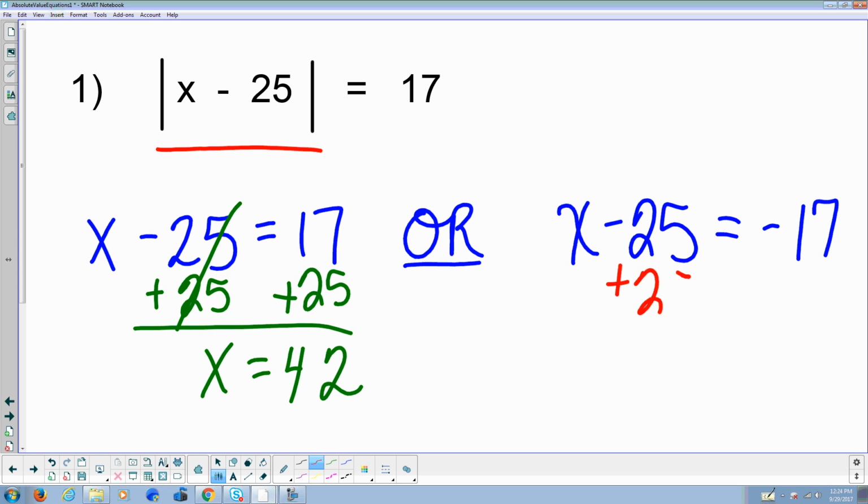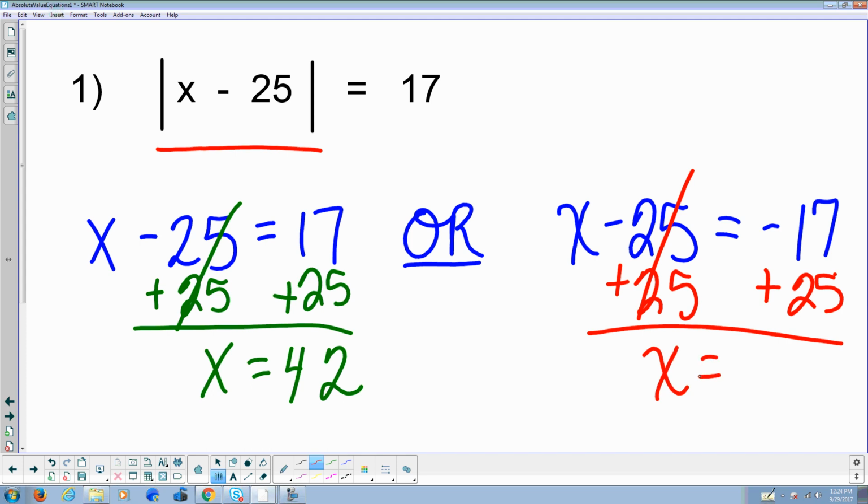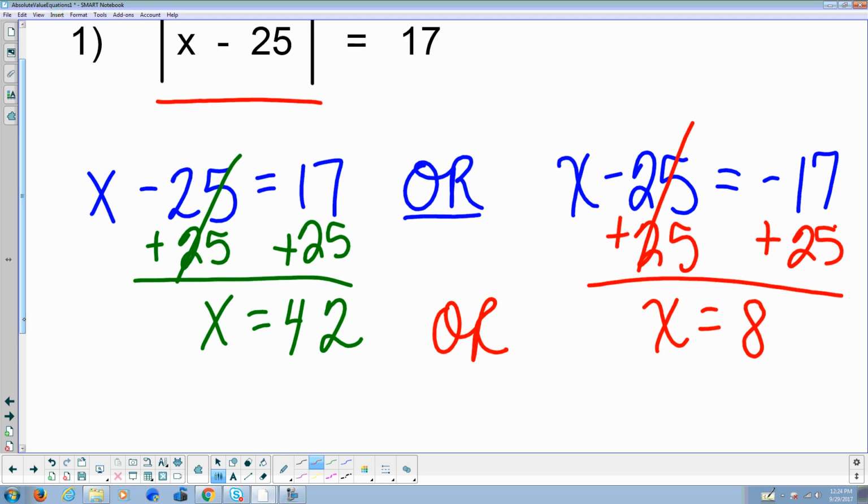Add 25 to both sides. So that's going to cancel. And negative 17 plus 25, signs are different, so we actually subtract the numbers, take the sign of the larger one, which is positive. That is positive 8. So these are the two solutions that we get. X is equal to 42 or x is equal to 8.